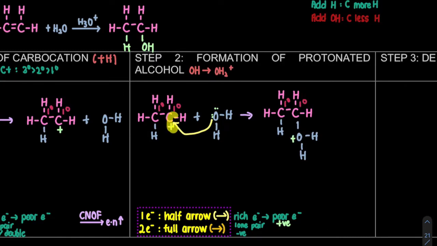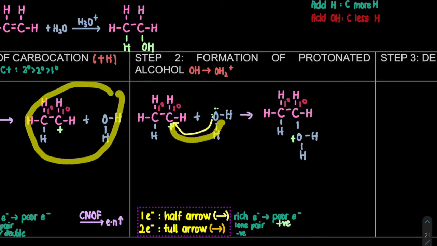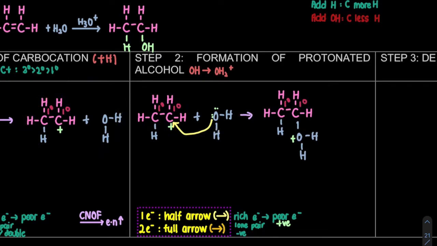How about the carbon itself? Earlier it was positive, but when it accepts the electron it becomes negative, so they cancel out and it is a neutral carbon. So here is the formation of protonated alcohol. The alcohol OH here, the protonated alcohol is OH2+, which is this one. This one is a bit easier because we just take this product and combine it back. It is easier that way.